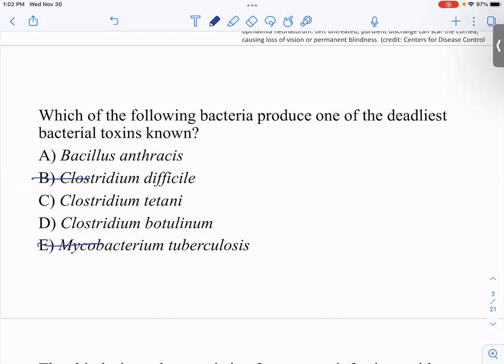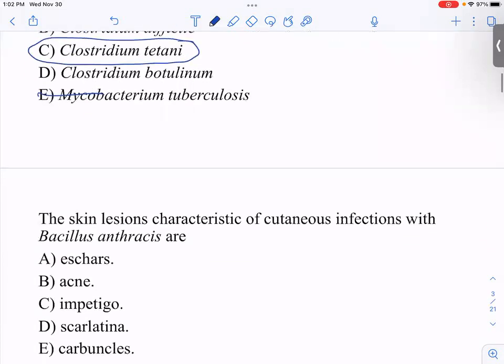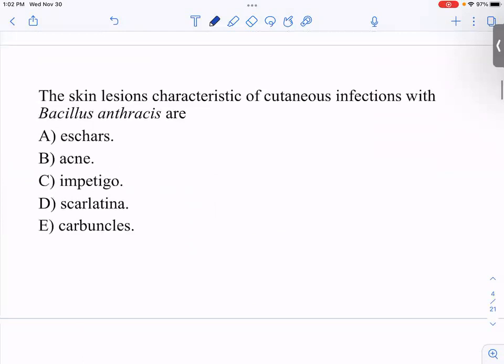Mycobacterium doesn't produce any toxins, so that narrows it down a little bit. Clostridium tetani is actually that tetanus neurotoxin. That's one of the most toxic things known. So that one, I'd throw that out there.